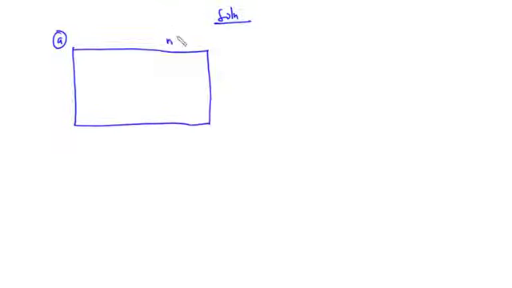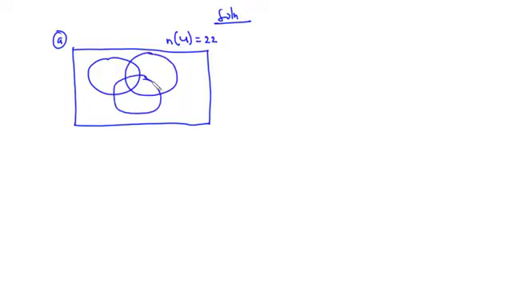So the number of members in the universal set is 22. We are going to have 3 circles. The number of players who play defense is 9, midfield is 10, and attack is 11.